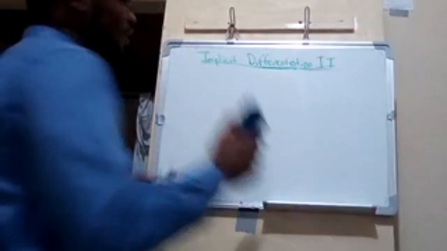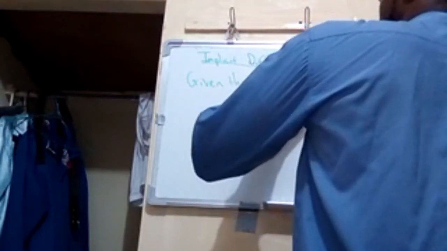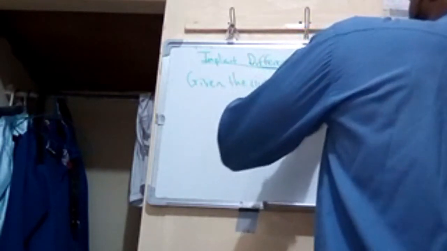So example: given the curve x squared e to the 3x plus 4y is equal to 2x minus 1, find the equation of the tangent and normal when x equals 1.